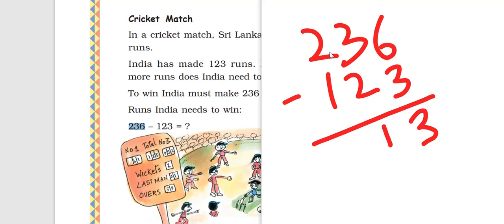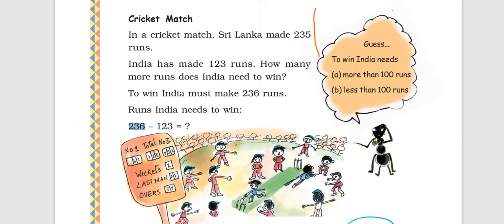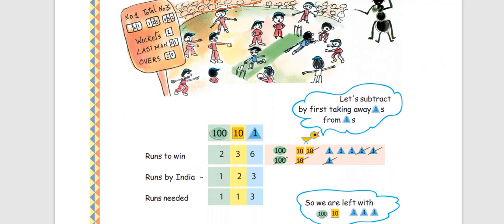Start with 2, count 1, we have 1 in the hundreds place. So India needs 113 runs. What does that mean? It needs to hit at least 1 century, which is 100, and then another 13 runs to win the match. So it is 113 runs.